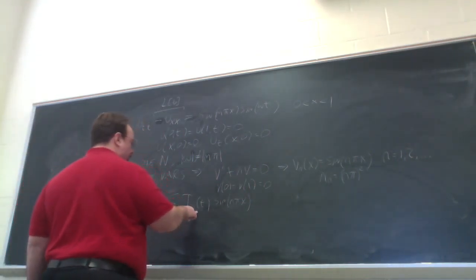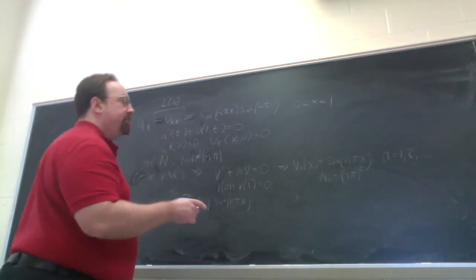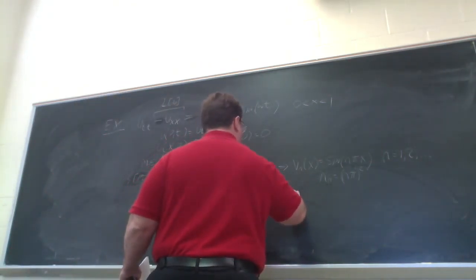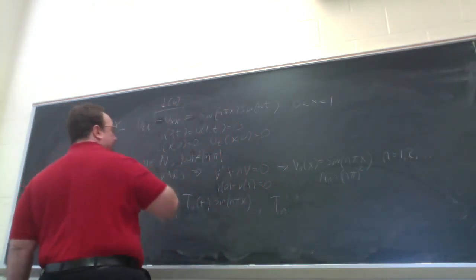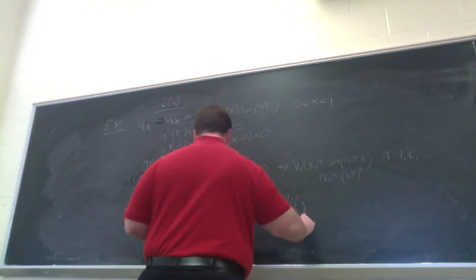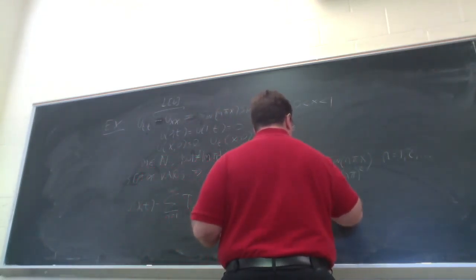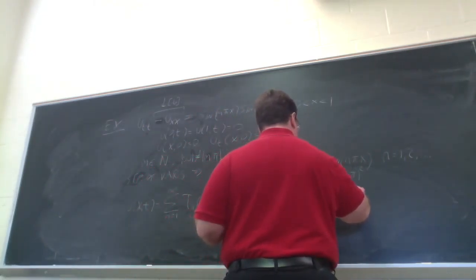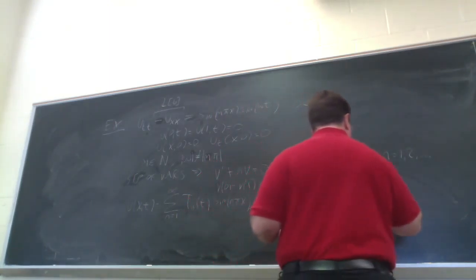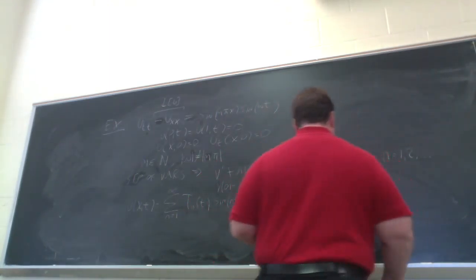And to obtain these, we use the ODEs from the previous board, except because we have a u_tt, we're going to have a Tn double prime plus eigenvalue times Tn is equal to the following.